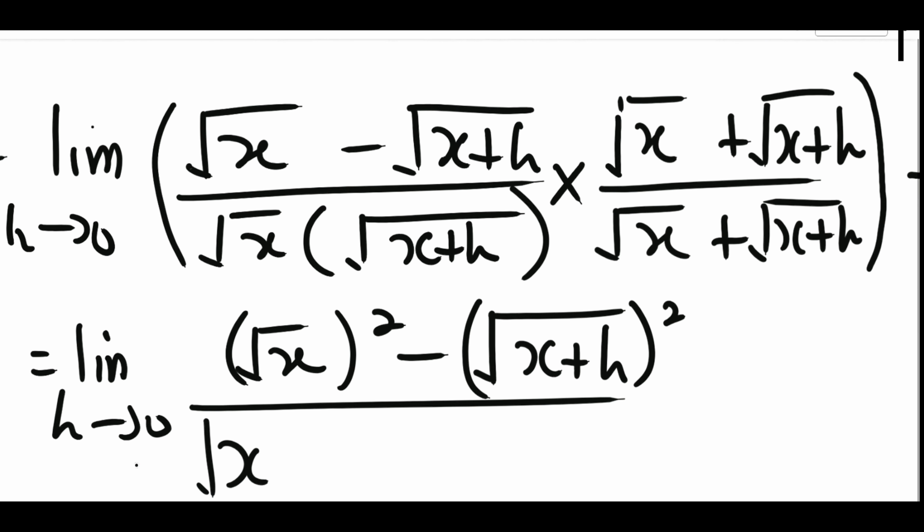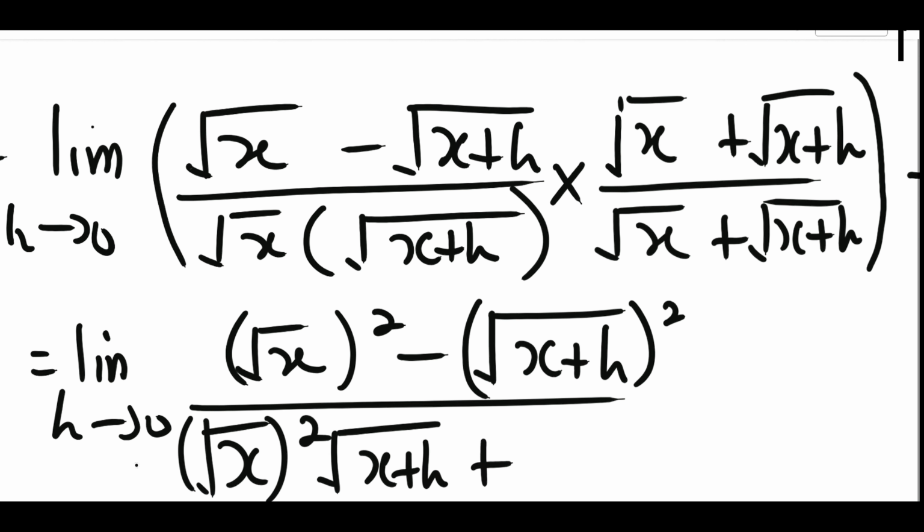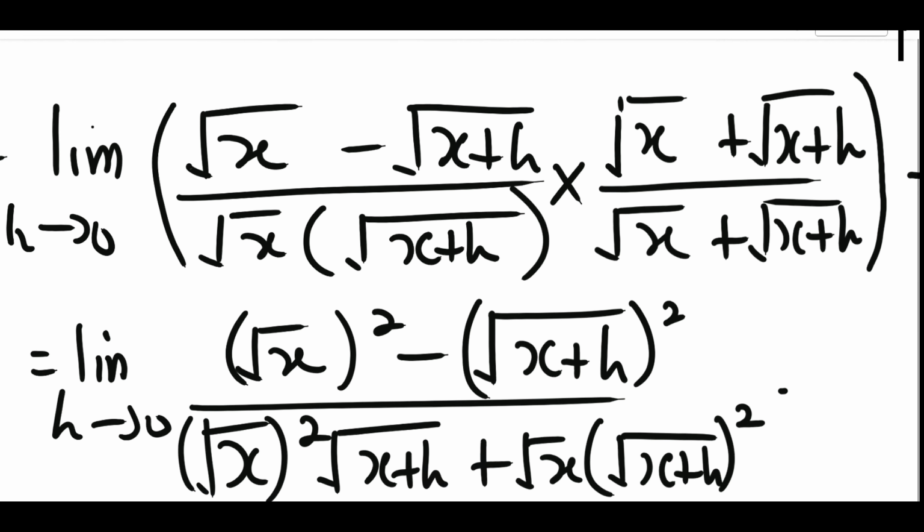So that is square root of x squared. Then we have our square root of x plus h. Then plus square root of x multiply square root of x plus h, now multiplying square root of x plus h. So we are going to get square root of x, then bracket open, square root of x plus h all squared, and everything divided by the h.